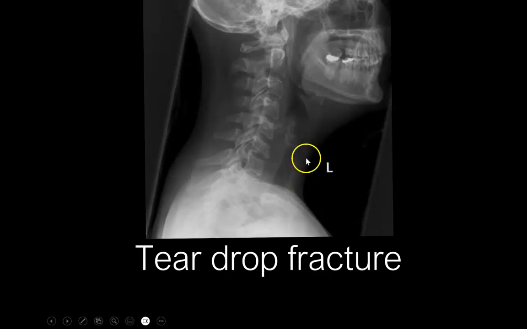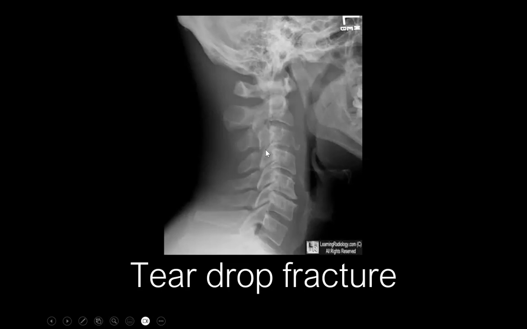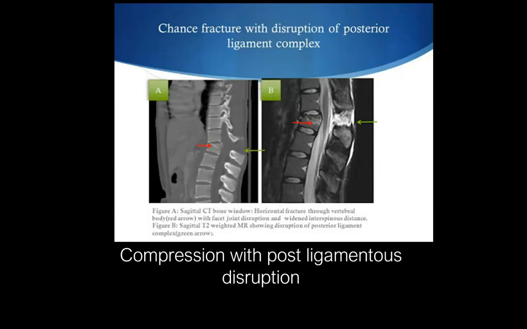The teardrop fracture is where a part of the vertebra is separated, like in here, and a piece of the vertebra with wedging, and another teardrop fracture, a small piece of the vertebra. This is flexion compression or flexion wedging or teardrop, according to the mechanism or the severity of flexion.